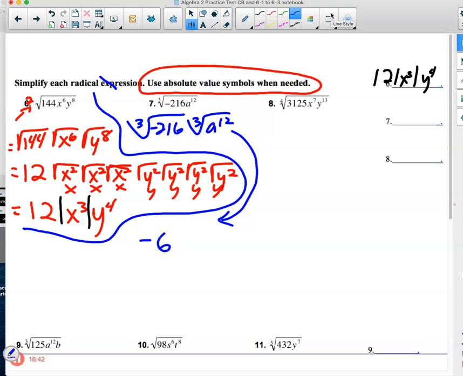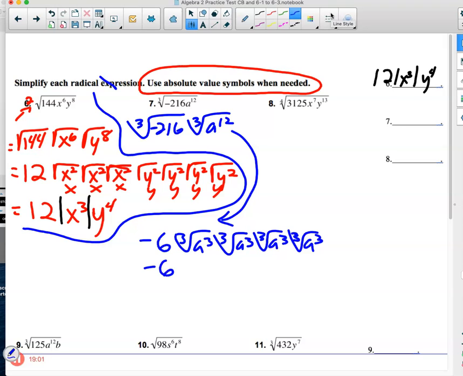And then we need to break up the a to the 12th so that it's in perfect cubes. So cubed root of a to the third, cubed root of a to the third, cubed root of a to the third, cubed root of a to the third, because 3 plus 3 plus 3 plus 3 is 12.